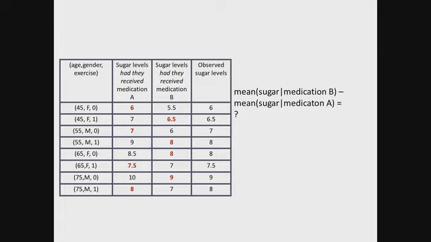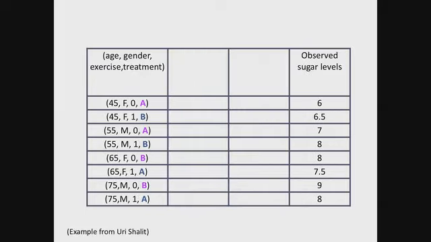First, compute the average sugar level of the individuals who got medication B. For that, we're only going to use the red ones, so this is conditioning on receiving medication B. We take the rows where individuals received medication B and average their observed sugar levels.